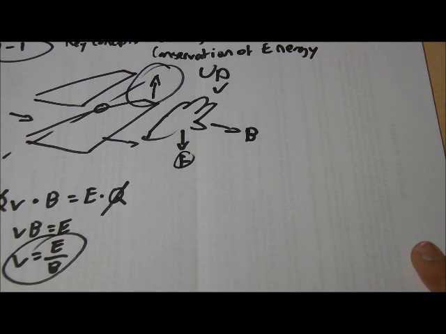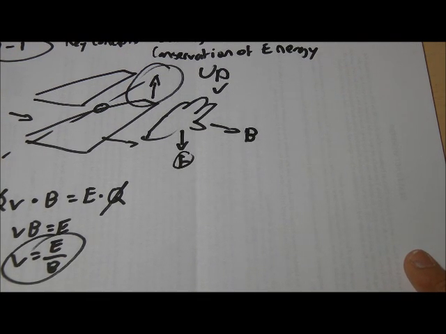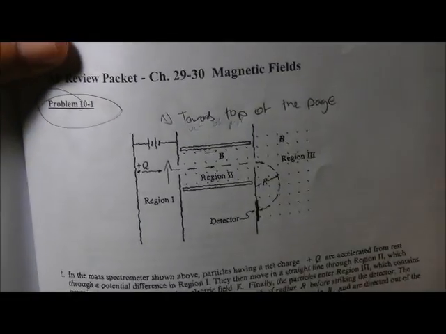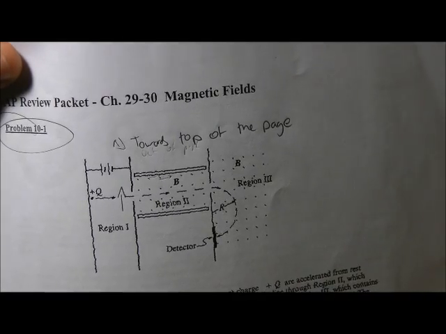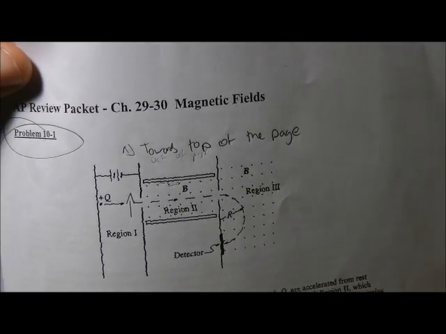Part C asks for the mass of the charged particles. If you look at the problem closely, you will see that in this region, right over here, if the mass is greater, the radius of the circle will be greater as well.